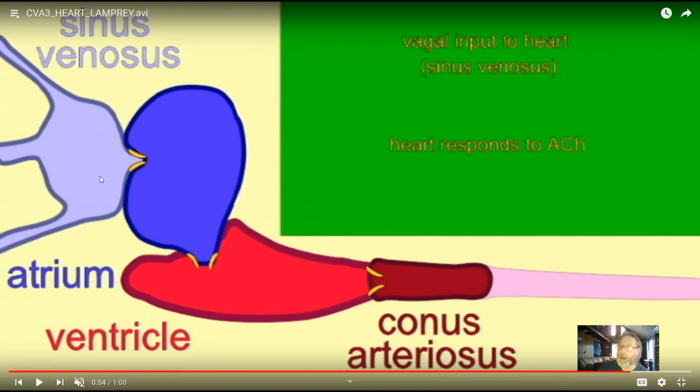So here we have the autonomic nervous system reaching the heart, and the heart responds to acetylcholine. So that's an advance. The heart of hagfish doesn't. The interesting thing is that while it responds to acetylcholine, it doesn't respond as the hearts of the jawed vertebrates do.